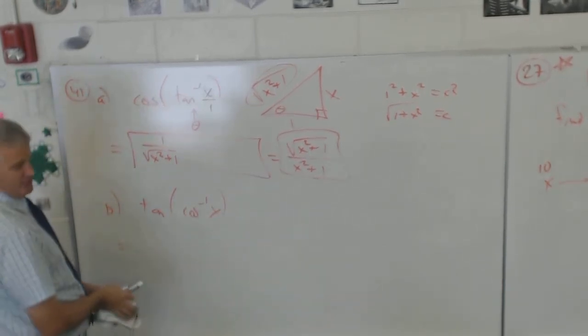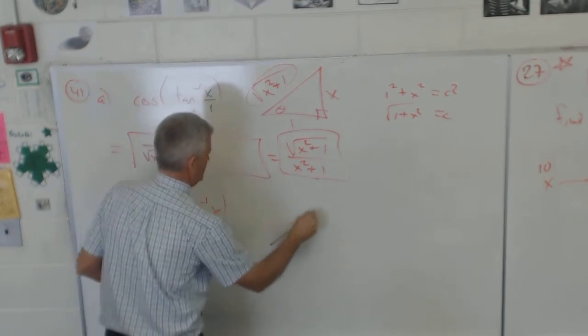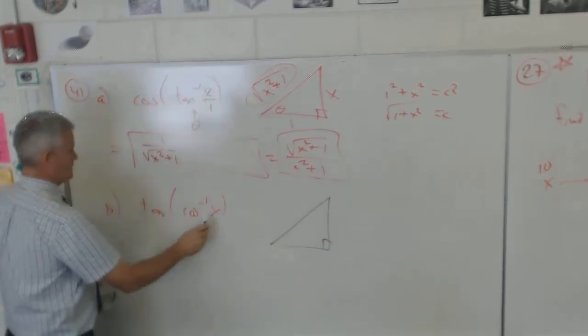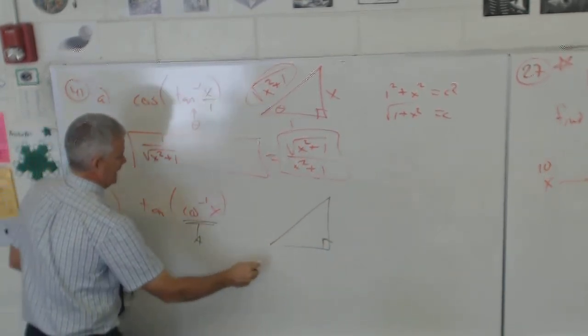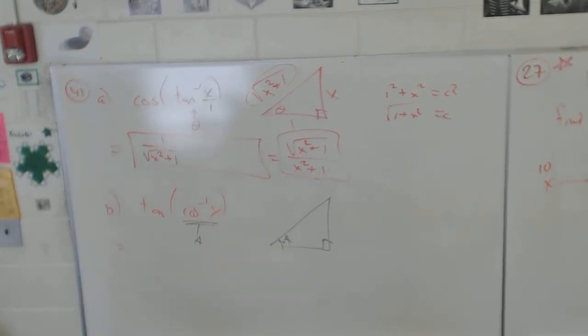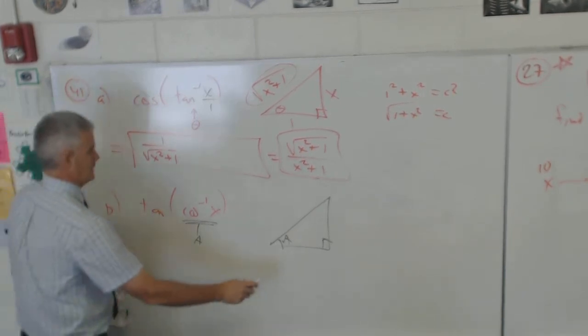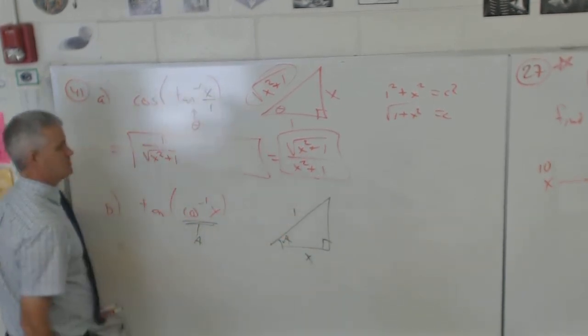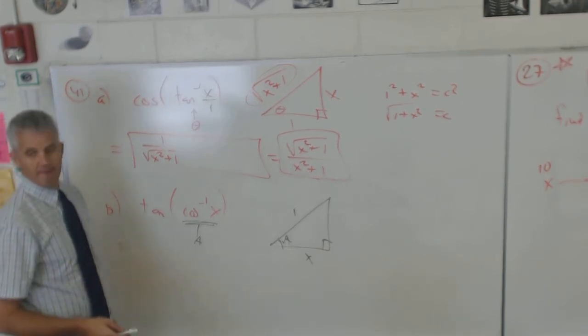Now, who's up on the next one, Thomas? Nate. Nate, very similar problem, but we're calling this A. How do I label it? The adjacent is x and the hypotenuse is 1. So what's the opposite side going to be then?